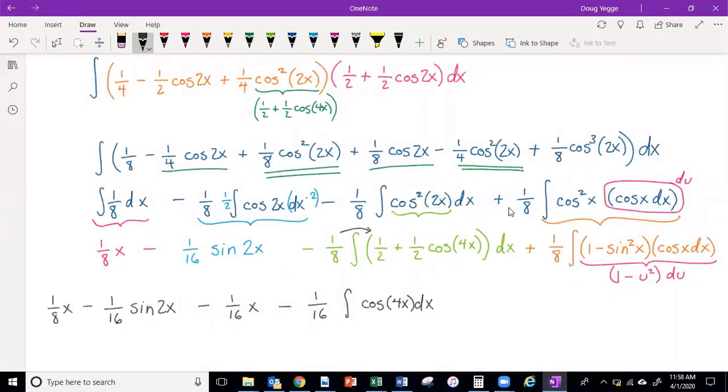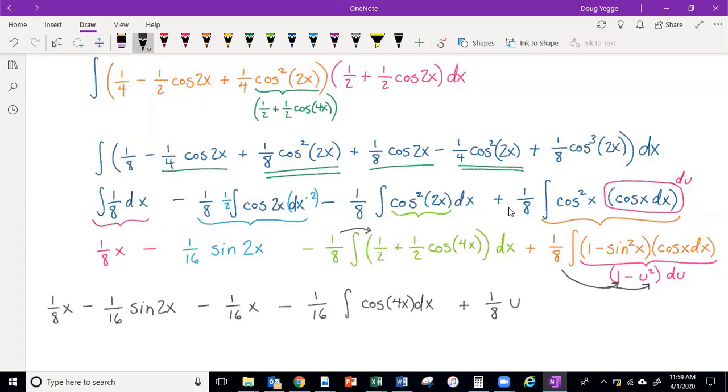And then over here, this orange one is actually going to be relatively easy, because if I distribute this 1/8 into here and into here, notice that all we're going to be left with is the integral of 1/8 du, which is plus 1/8 u.